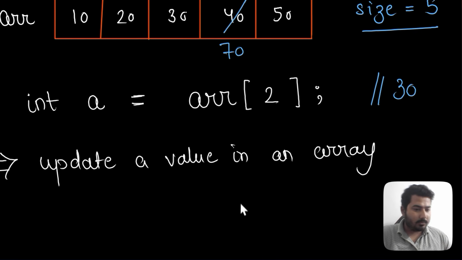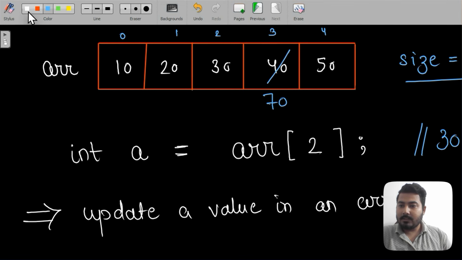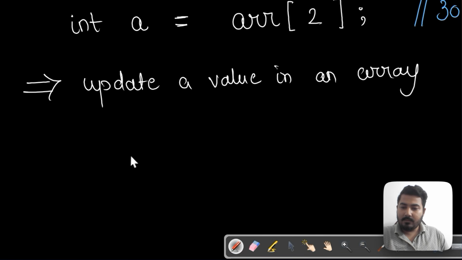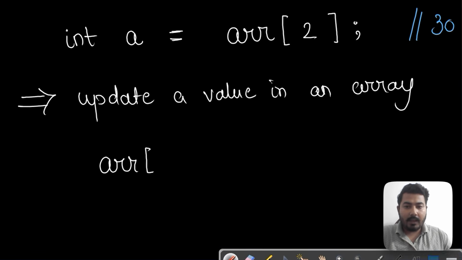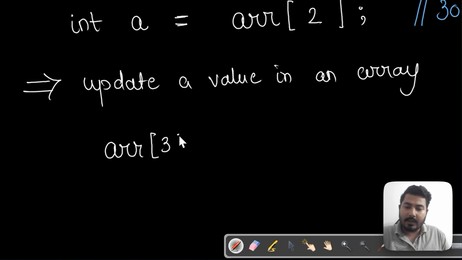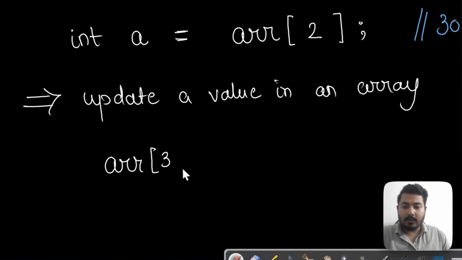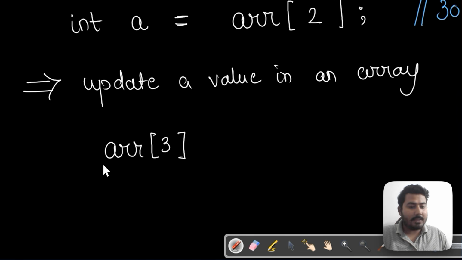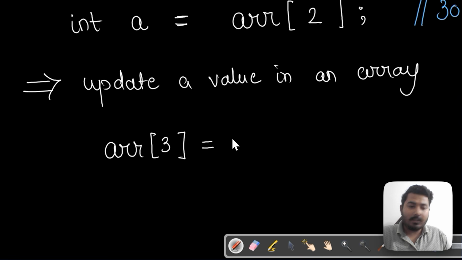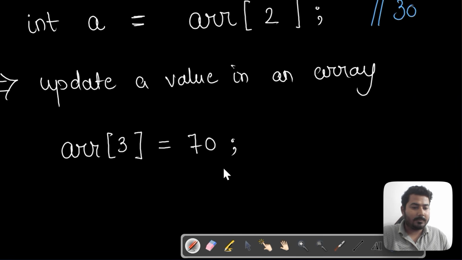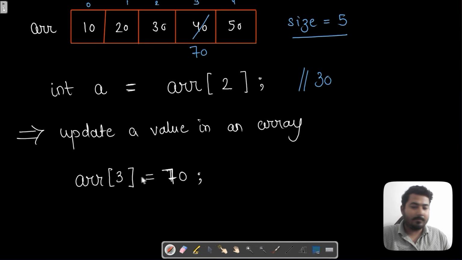What I will do is first of all access the value at index 3, because that's where I want to update a value. I will access it by saying array square bracket 3, and with the equal to sign, I will simply assign a value 70 in it. What it will do now is simply update the value at index 3 by 70.